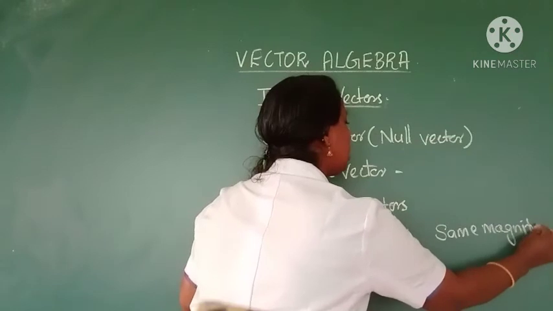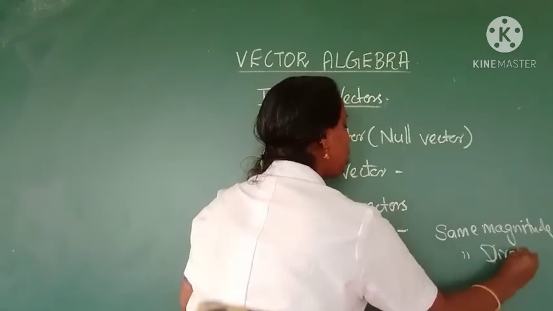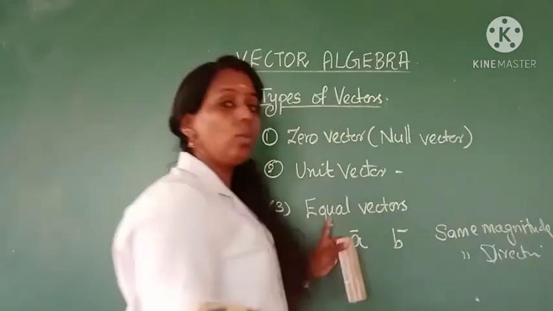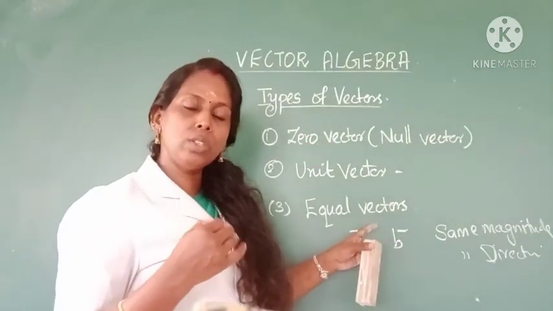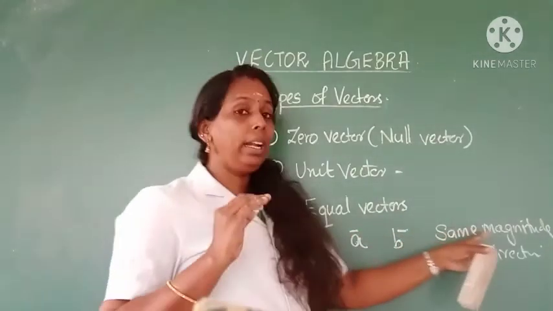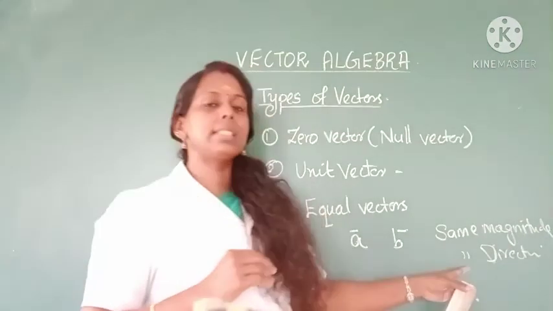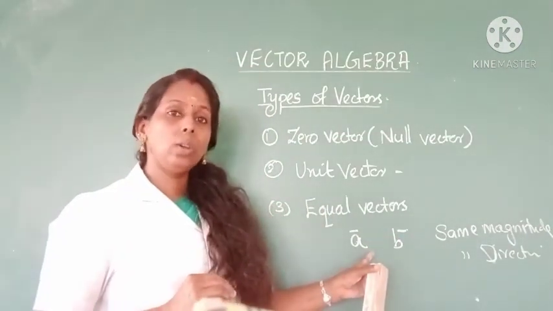Any two vectors having the same magnitude and same direction are called equal vectors. No need to consider their initial points or terminal points.